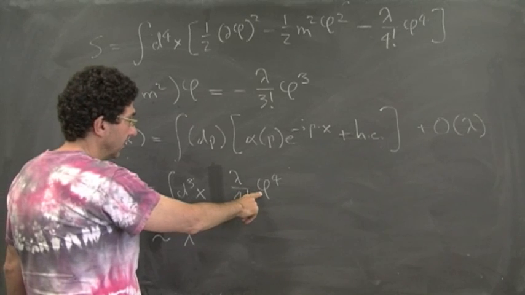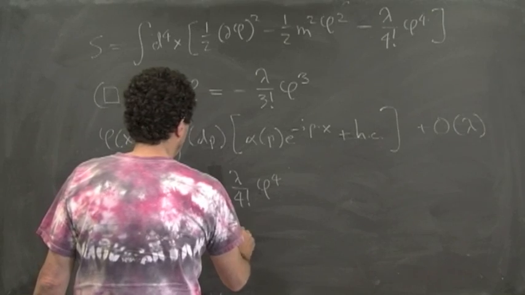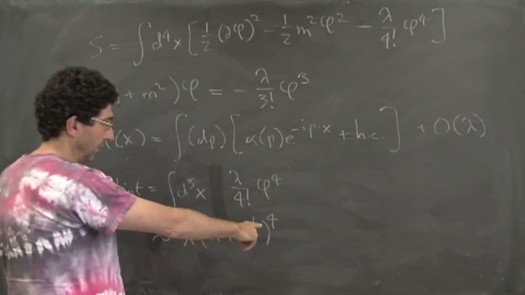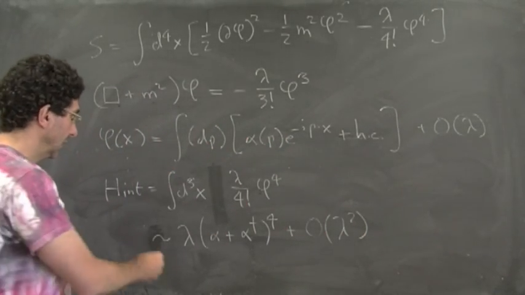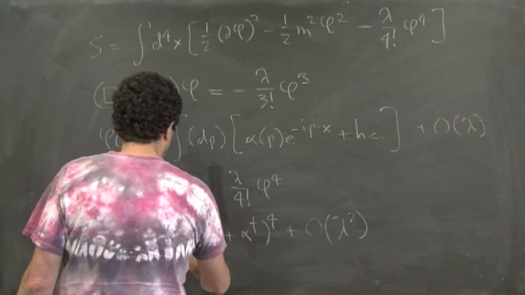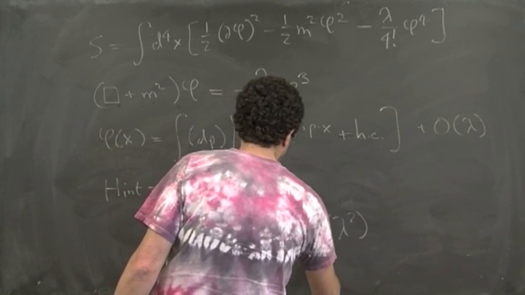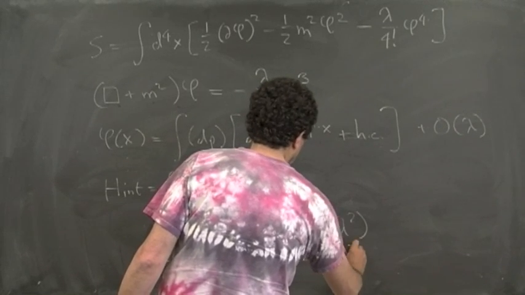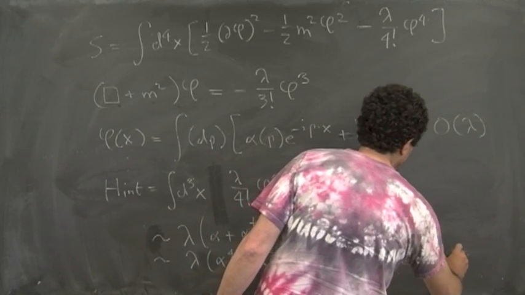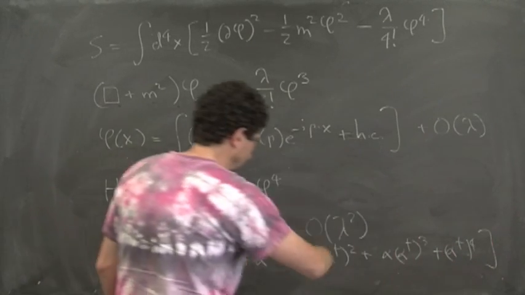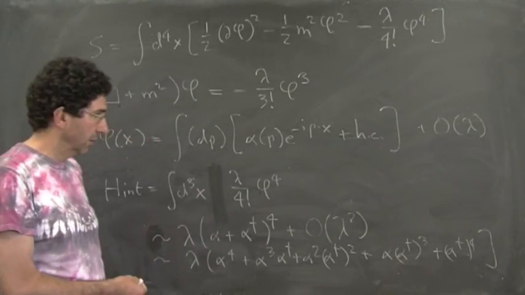To leading order, this phi is just a free field, so it can be written with free field annihilation and creation operators to the 4th, and the mistake I've made is order lambda squared. If I multiply this out, I'll get alpha to the 4th terms, alpha cubed alpha dagger terms, alpha squared alpha dagger squared terms, alpha dagger cubed terms, alpha dagger to the 4th terms. I get a bunch of terms with any numbers of alphas and alpha daggers that total 4.